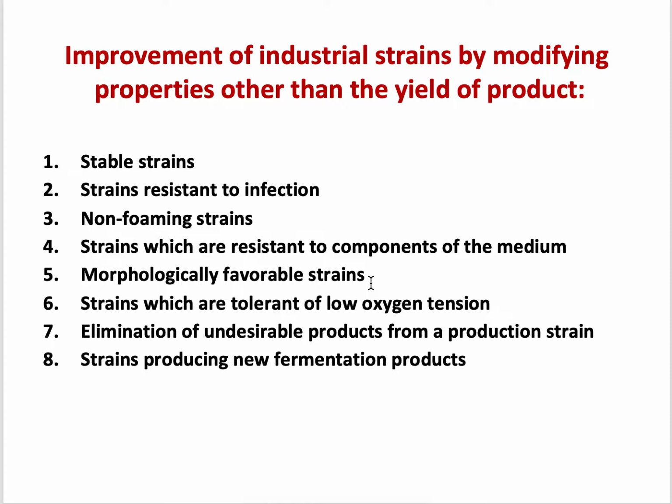By using improvement methods, if you can make your cells less sticky, it will be easier to do the fermentation with these cells. Then strains which are tolerant of low oxygen tension, elimination of undesirable products from a production stream, and strains producing new fermentation products.